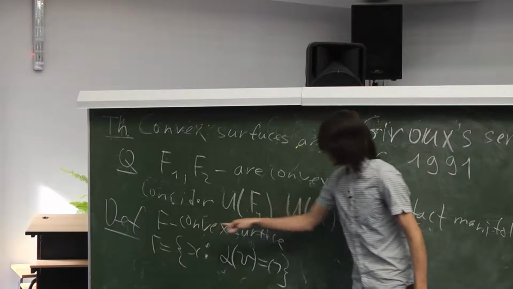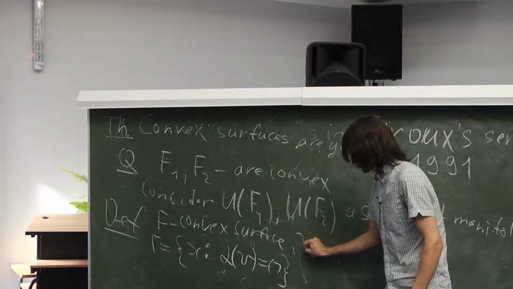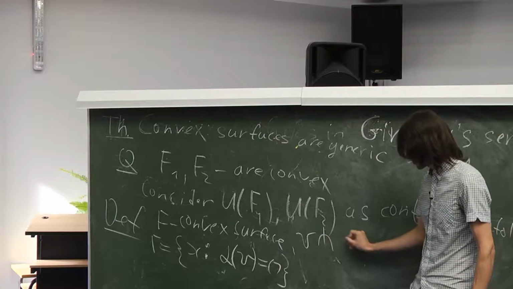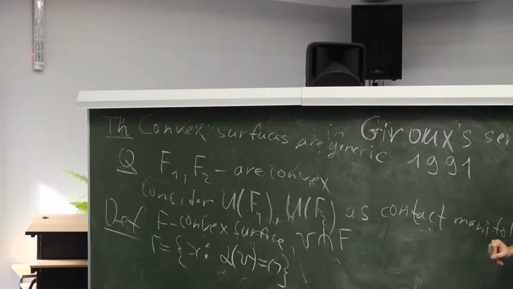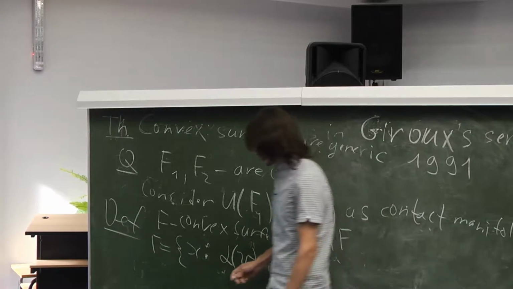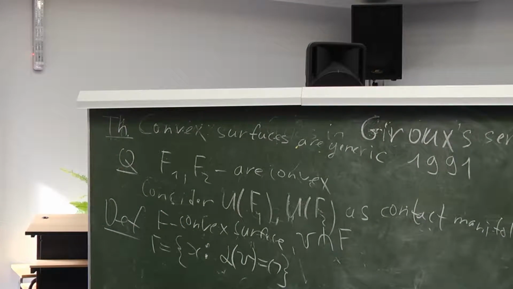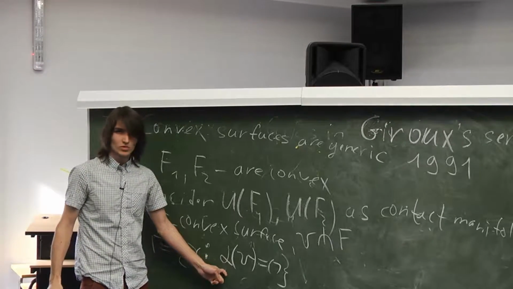Yeah, F convex surface where V is a contact vector field which is transverse to the surface, and gamma is a set of points where this vector field lies in the contact structure.